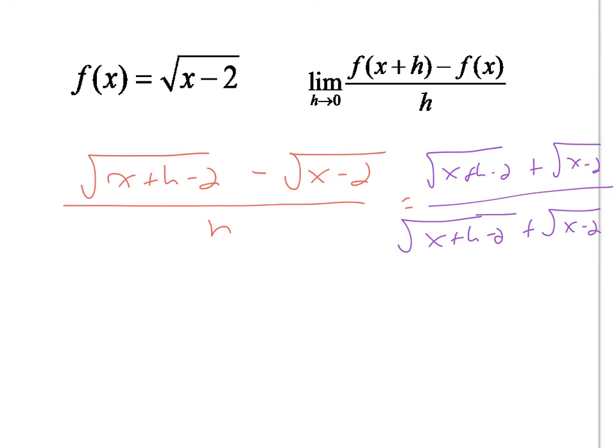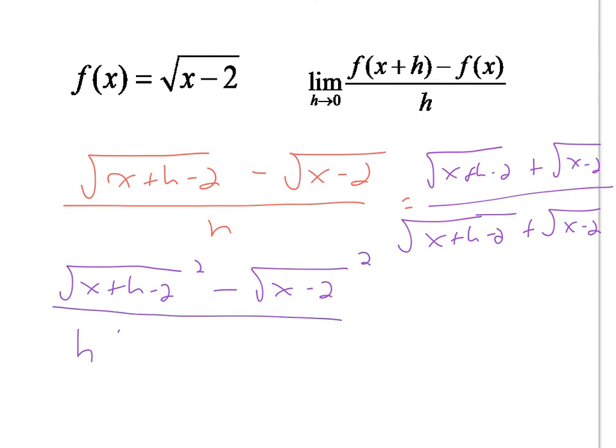Okay, now when we multiply up top, I know once again I get the radical squared, so I'm going to have radical x plus h minus 2 squared minus radical x minus 2 squared, all over h times radical x plus h minus 2 plus radical x minus 2.